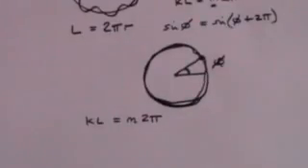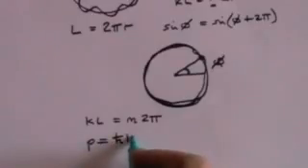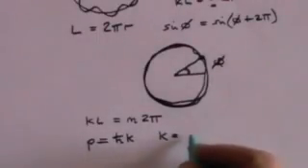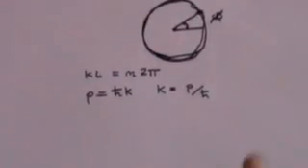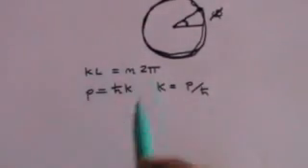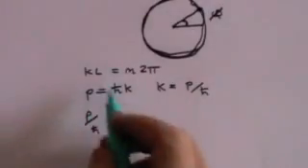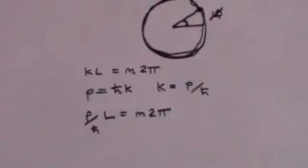But you'll remember that earlier we showed that the momentum of a wave is equal to h bar, that's reduced Planck's constant, times k, which means that k is equal to p over h bar. And if we substitute k into this equation here, we get that k, which is now p over h bar, times L is equal to m times 2 pi.